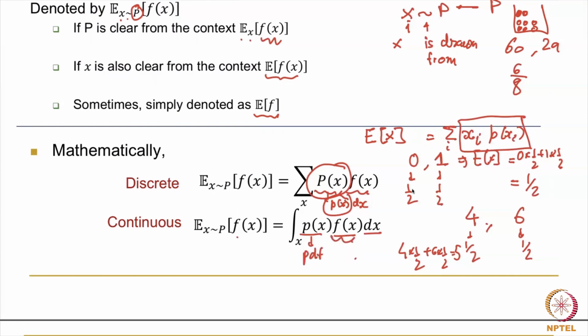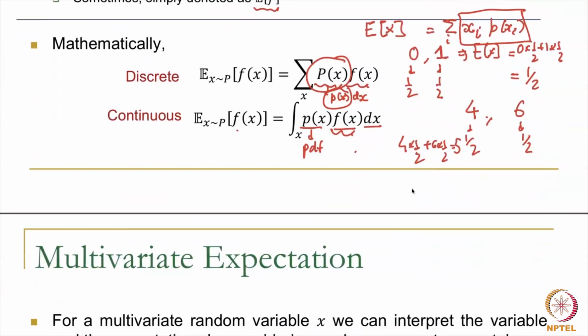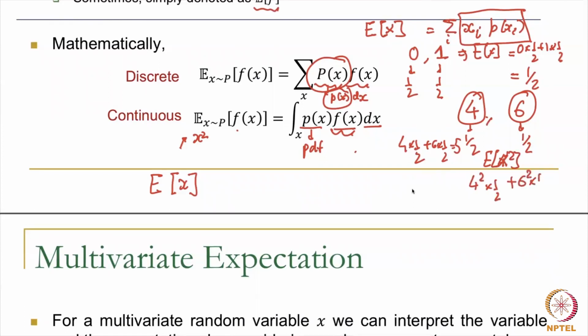And f of X is the function you are approximating. More specifically, if you want expectation of X, just X, not a function of X. A function of X, for example, would be X square. So suppose one person has $4, another person has $6, and I want the expectation of the amount squared, dollar squared, then it will be 4 square times half plus 6 square times half.